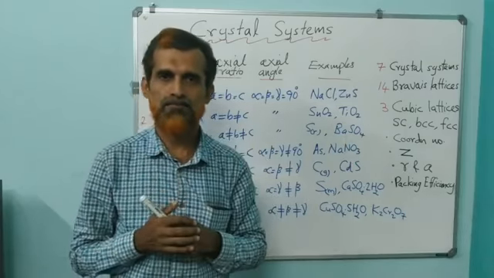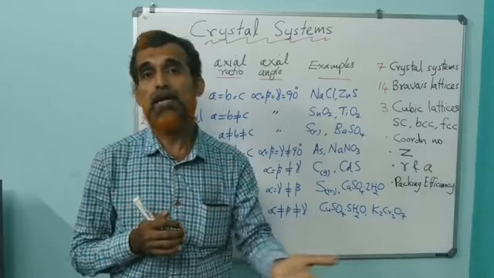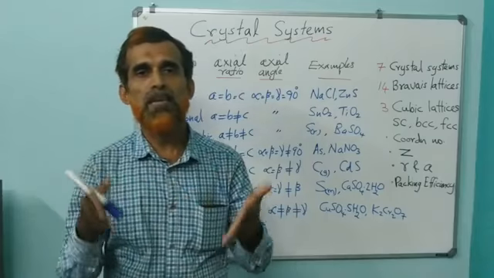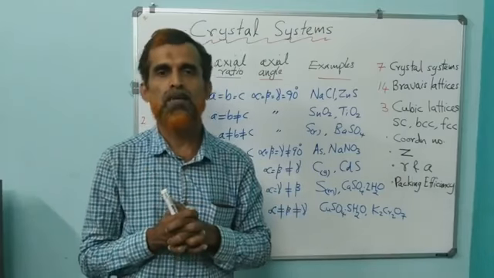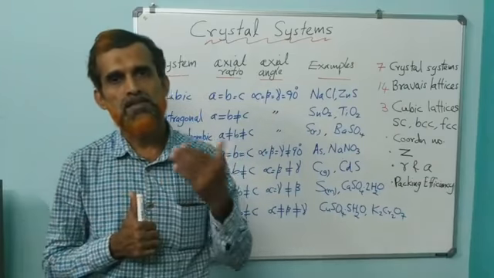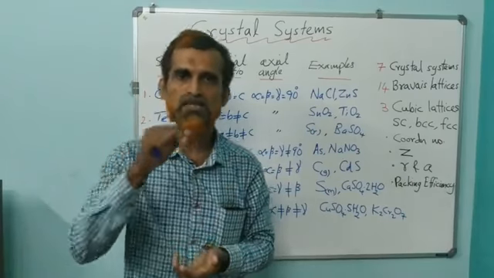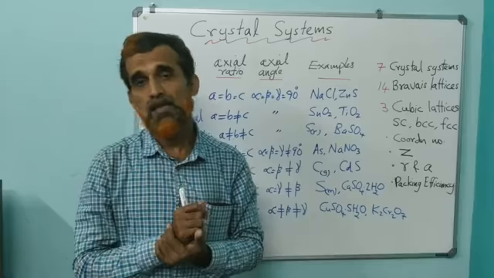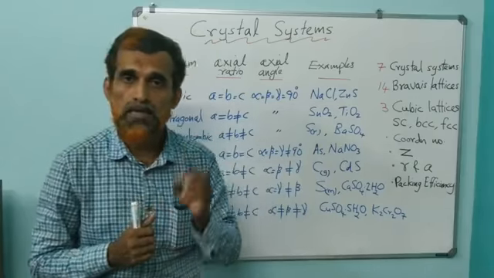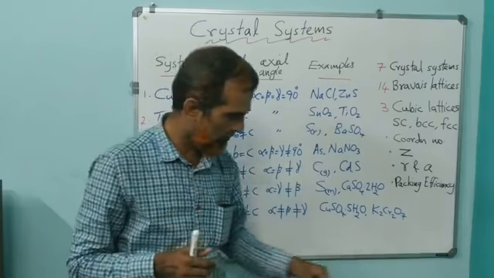Similar to that, crystals are also characterized by the symmetry elements present in them. So based on the number of symmetry elements present in a crystal, crystals are divided into various point groups, that is called crystallographic point groups.